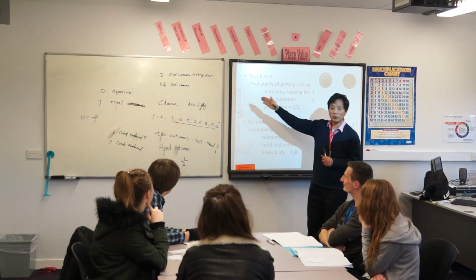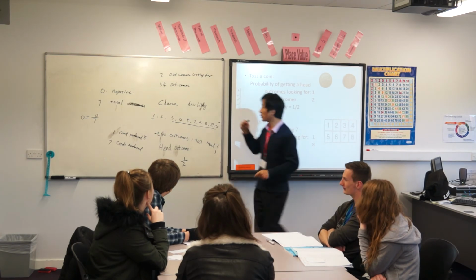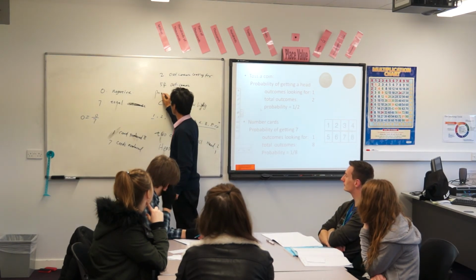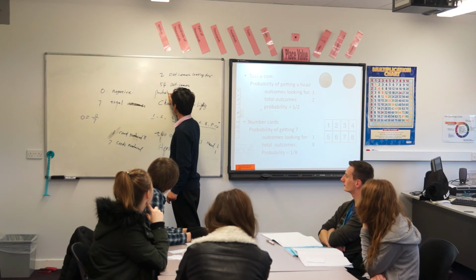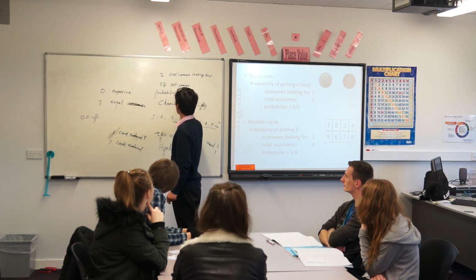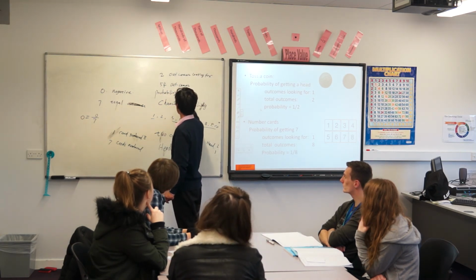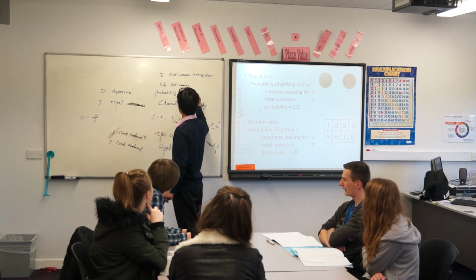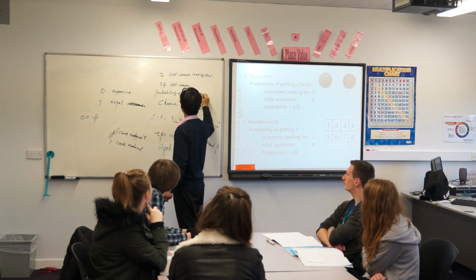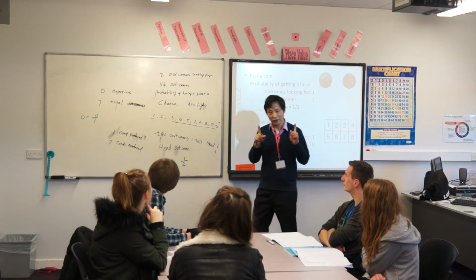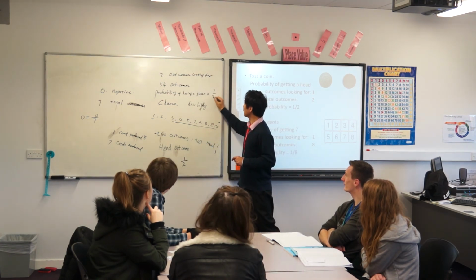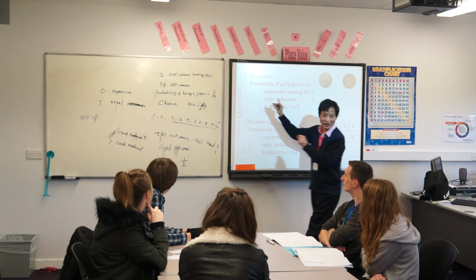So that's 2 out of 54. So the probability of having a joker is 2 out of 54. Of course, we need to simplify this number.